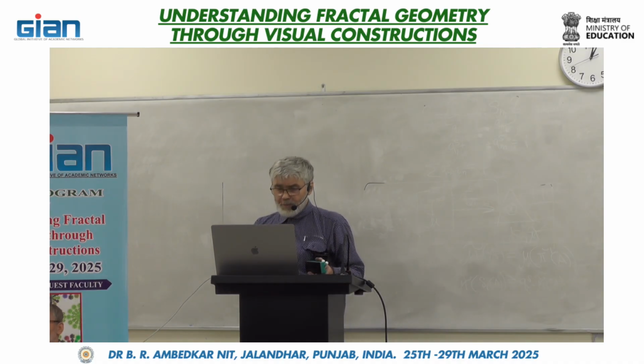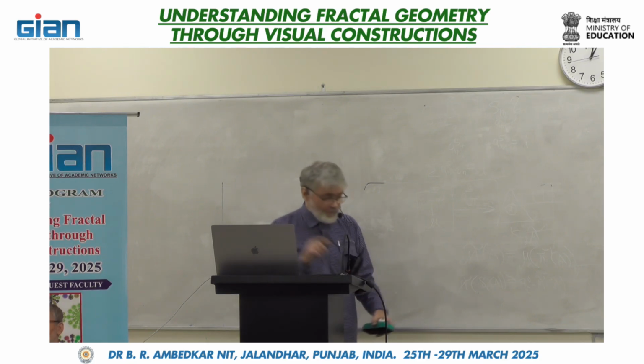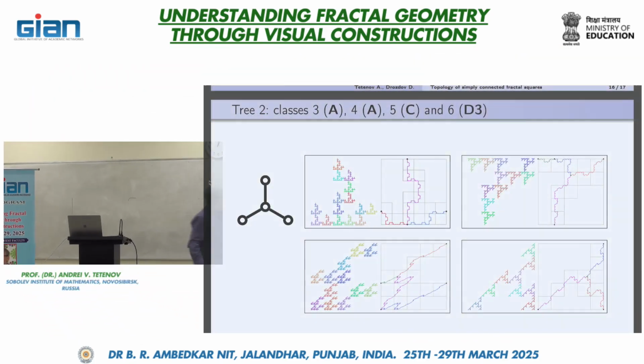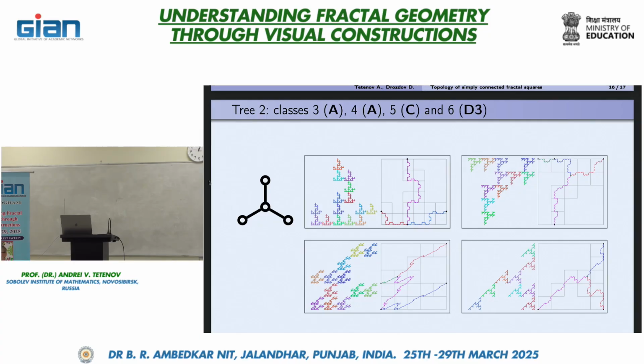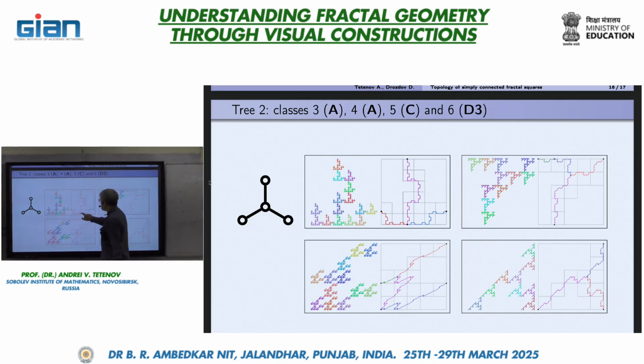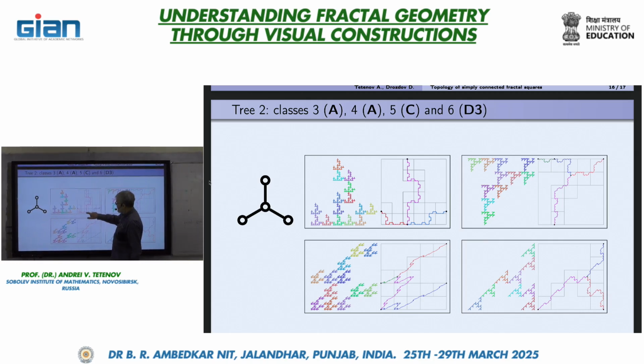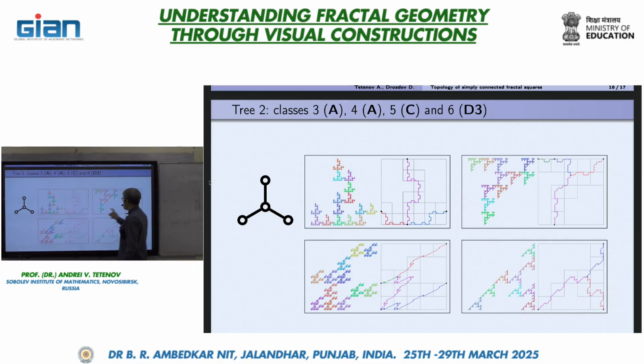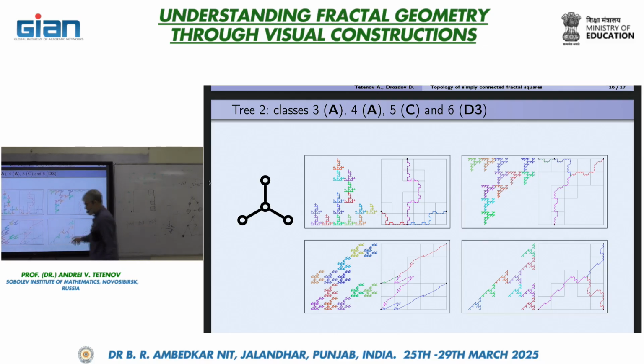The second type, when the main tree has this form. You see? So one point, this common point, may be on the boundary, but there are 4 possible types of fractal square with such a main tree.